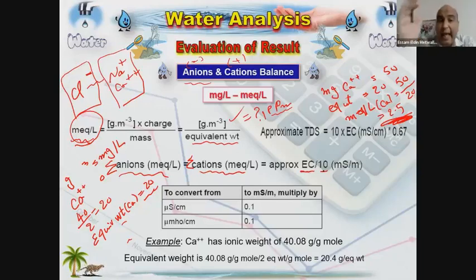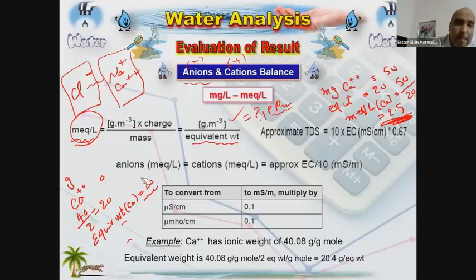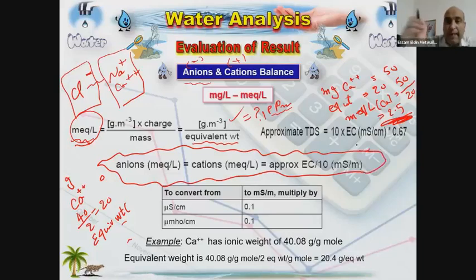Okay, if your result gives you this equation in a good way, this equation is right for your result, it means you have a balanced sample. Your sample is okay.